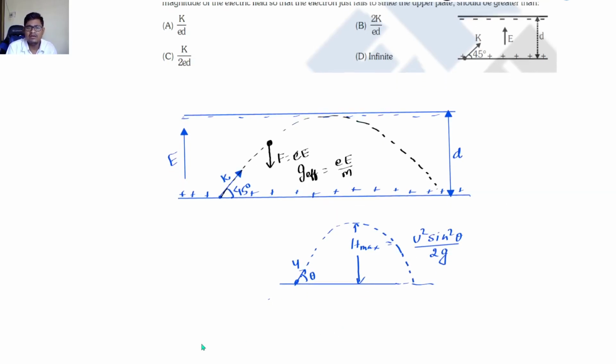Now we know the H max formula, u square sin square theta by 2g.